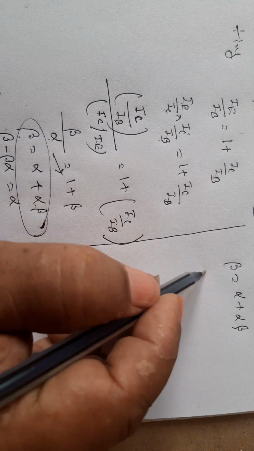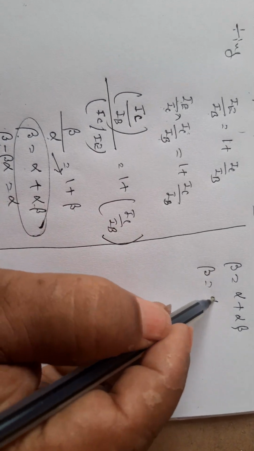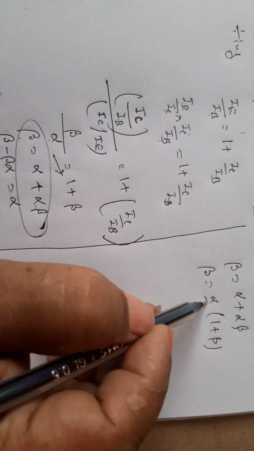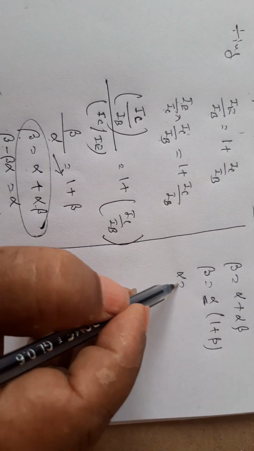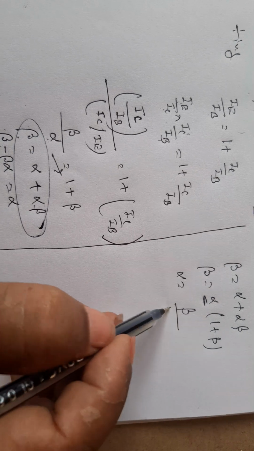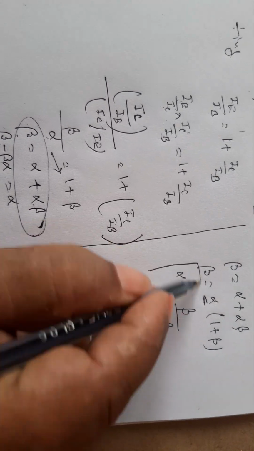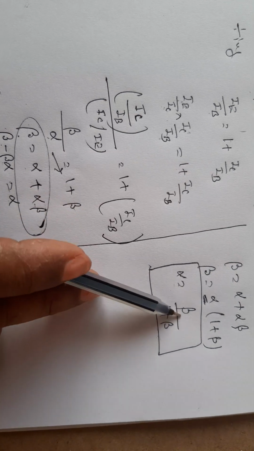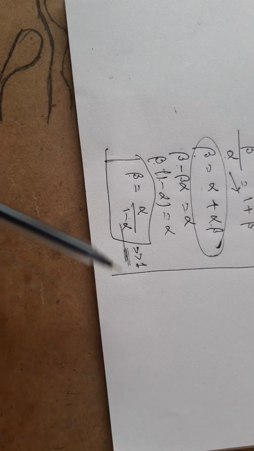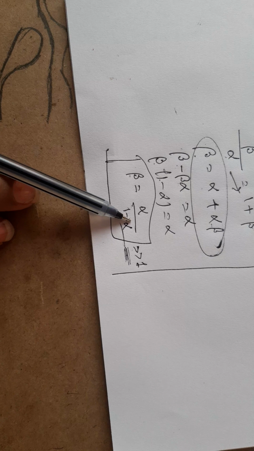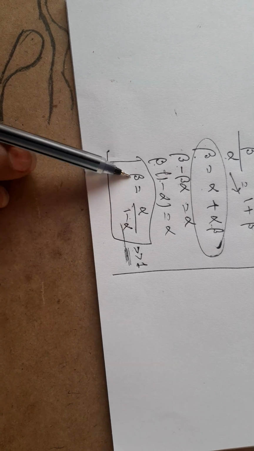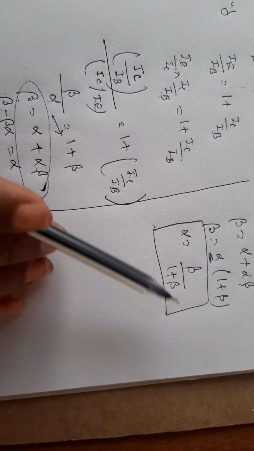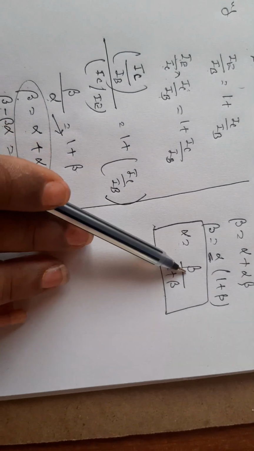Beta is equal to, if you take alpha as common, alpha times 1 plus beta, or alpha is equal to beta divided by 1 plus beta. So this is the relation between alpha and beta. This is also the relation between beta and alpha. Here you can calculate beta if you know alpha. Here you can calculate alpha if you know beta.